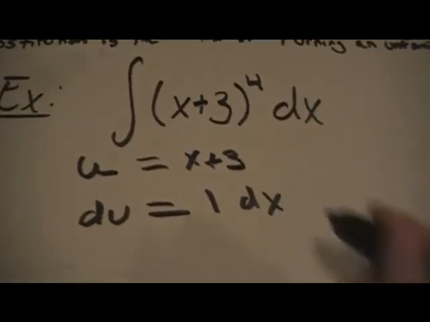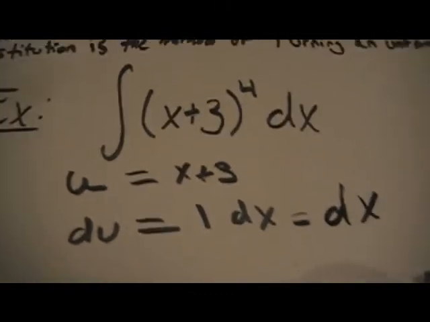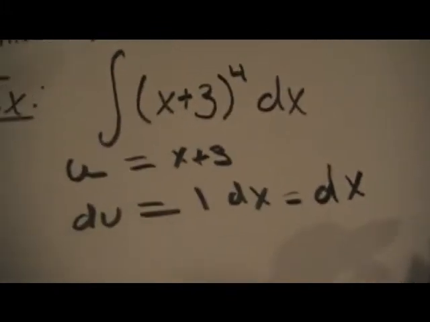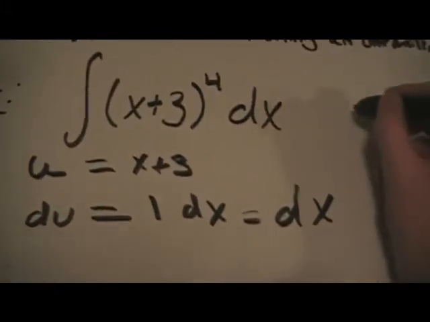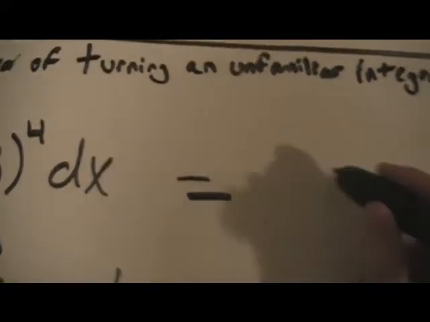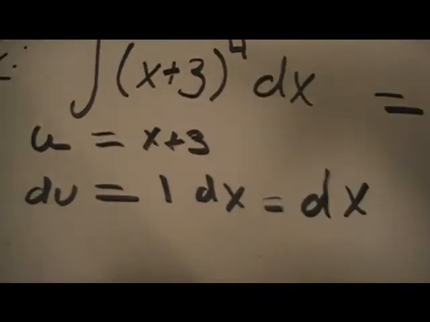From here, we say that 1 times dx is simply dx. And now we can substitute and solve this integral just as if it was the one we did in the beginning. So to do this, simply write equals.